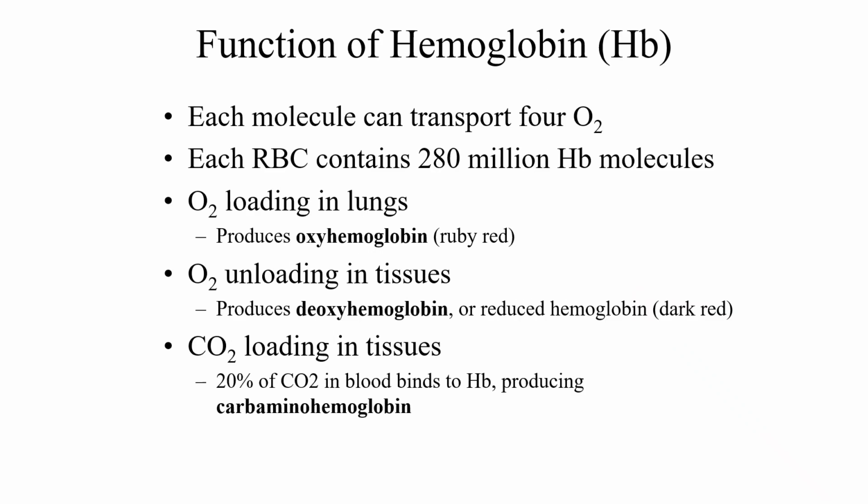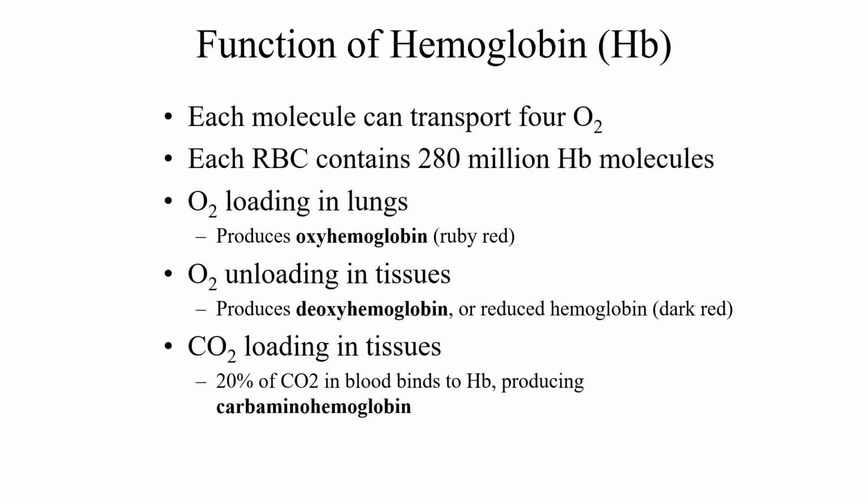Now, each hemoglobin molecule can transport 4 oxygen molecules, and each red blood cell contains roughly 280 million hemoglobin molecules. So if we take that number, and I'm going to do it right here on my phone, I may be off a little bit, but we'll see if my phone will do numbers this big.